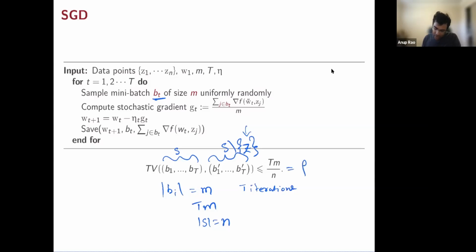So we can show that this algorithm is total variation stable, and the parameter rho is given by Tm over n.